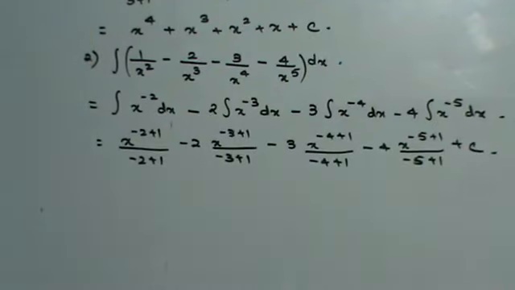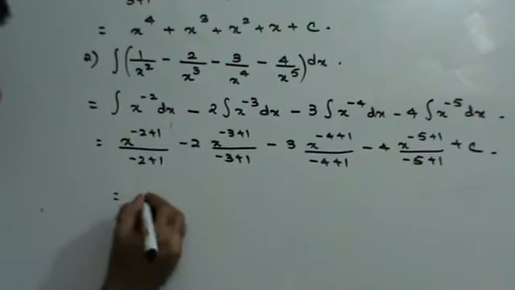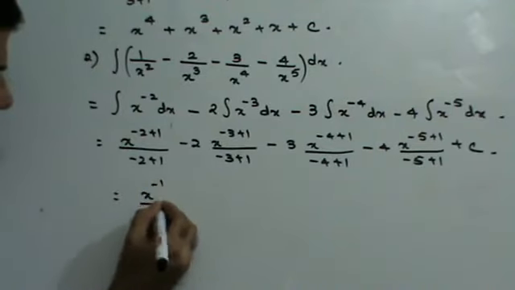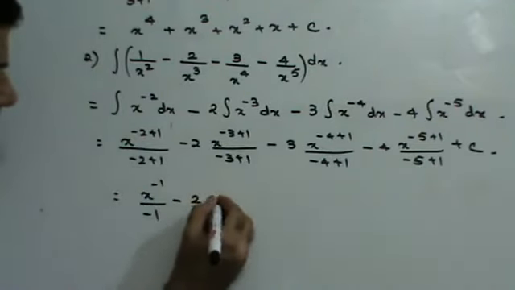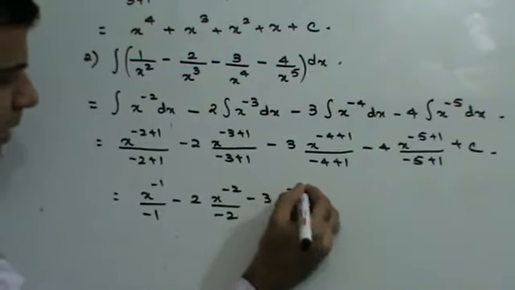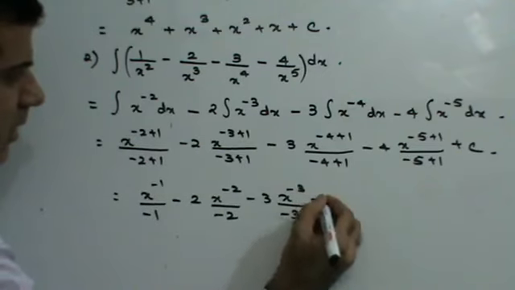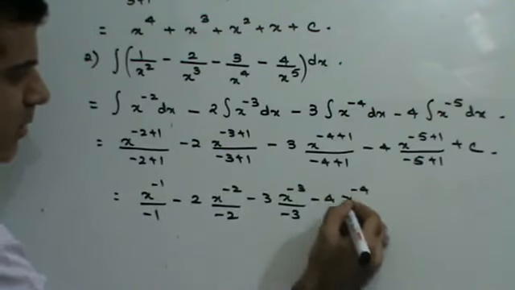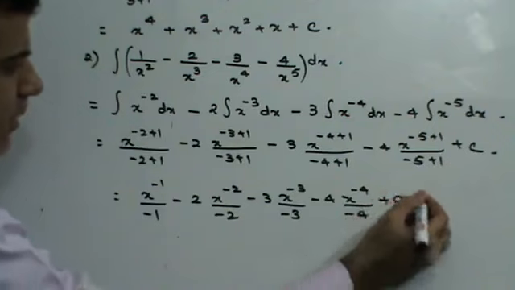In all these cases I have used the same formula: integral of x raised to n is x raised to n plus 1 upon n plus 1. So this is x raised to minus 1 upon minus 1, x raised to minus 2 upon minus 2, x raised to minus 3 upon minus 3, x raised to minus 4 upon minus 4, plus c.